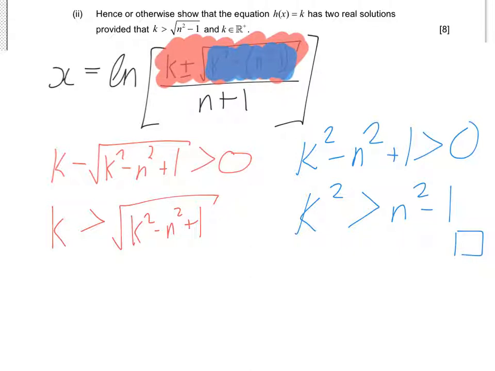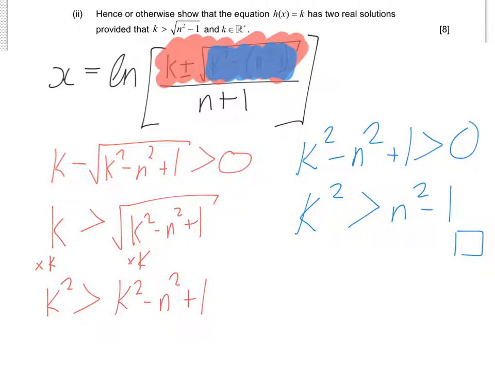which, if we square both sides, which is only true, well, we can square both sides, but times both sides by k, this step is only true if k is a positive number.